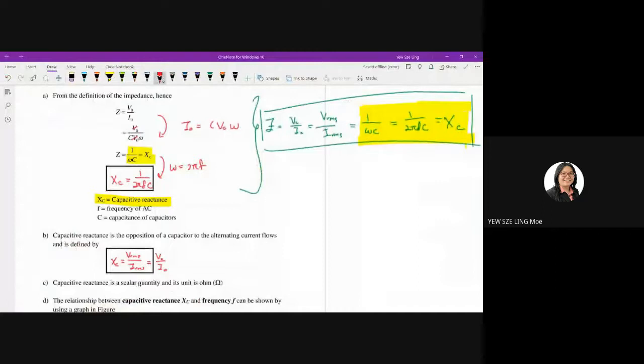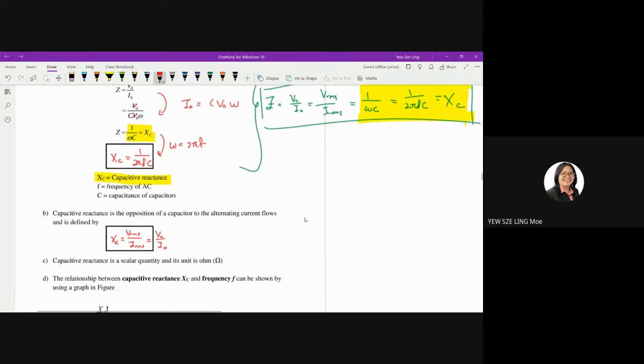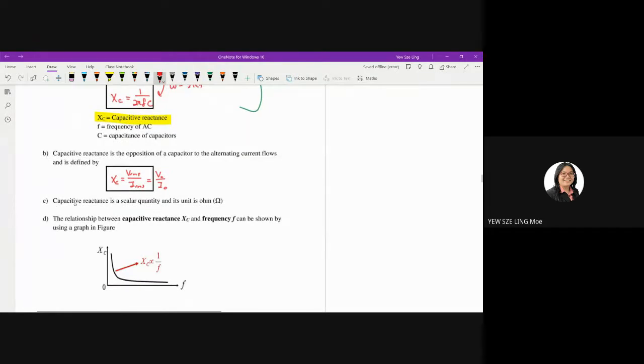If you have more than one component, then XC must be calculated by using VC RMS over IRMS, VC naught over I naught. But if you have just one component, for example a pure capacitor circuit, then this is the equation that can be used. All right. So capacitive reactance is a scalar quantity and its unit is ohm. Okay, its unit is ohm.